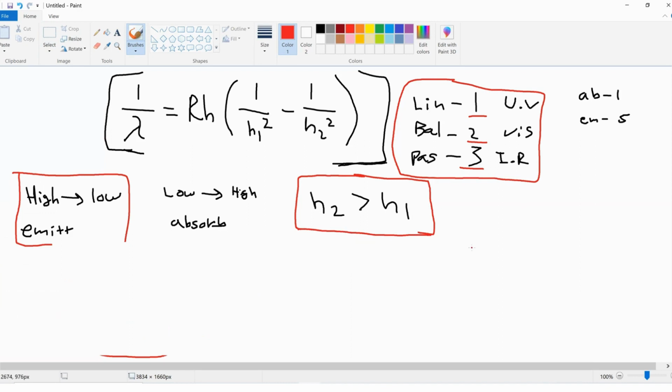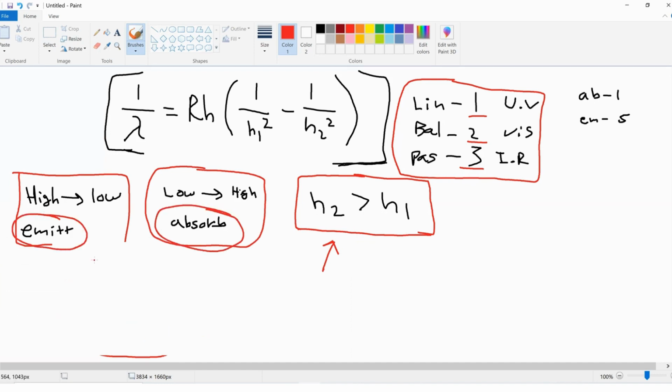But the key here again is to always look at this and remember when the question is telling you if you are emitting or you're absorbing, and you use the number that they give you to find if that number is greater or if it's lower. So I'm going to show you a problem just to put this in practice.